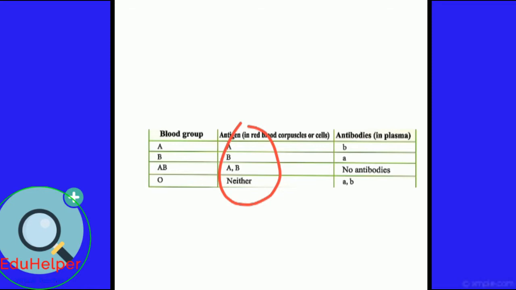We can classify the ABO blood group system according to the different types of antigens in the red blood cells and antibodies in the plasma.